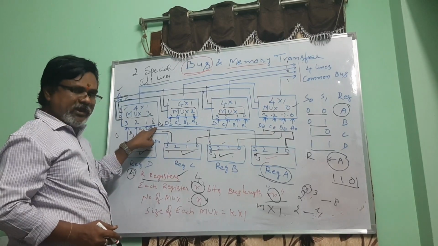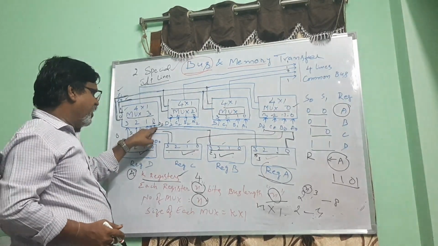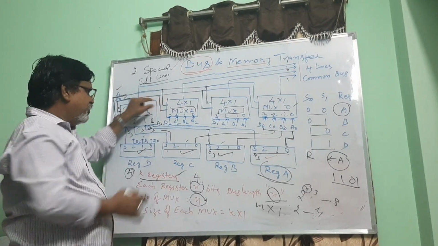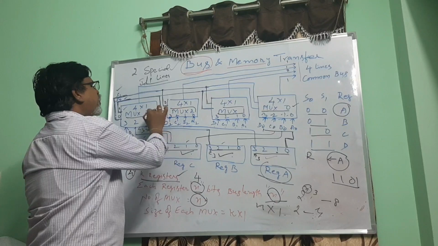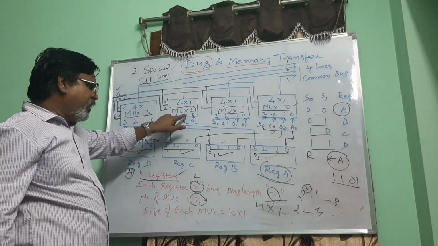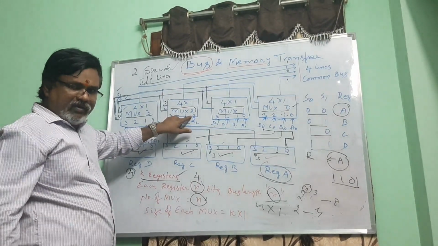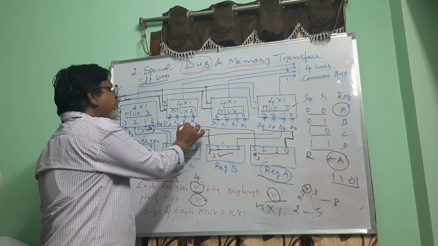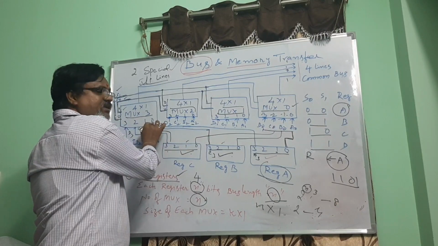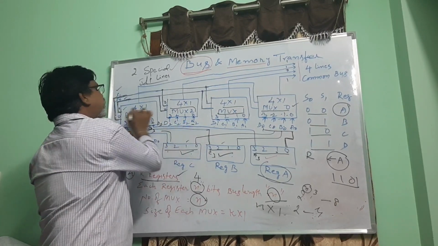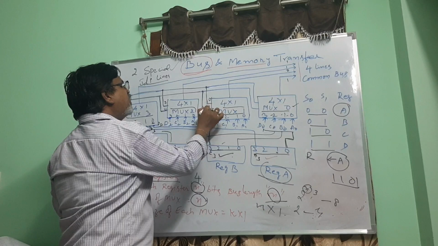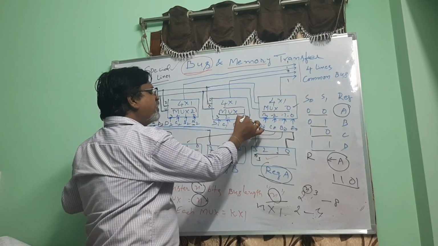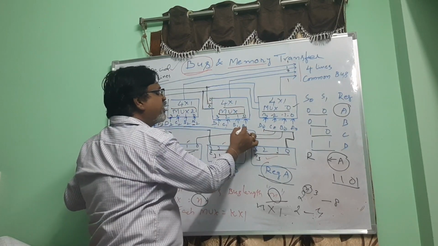Input A3 is there. And the same 0, 0 will be copied here. Yes or no? So when these two are 0 and 0, here also the 0th line of this multiplexer will be selected. What is the input to the 0th line of this multiplexer? A2. So here A3 is selected, here A2 is selected, and 0 and 0 copied here. The 0th line of this multiplexer has input A1.